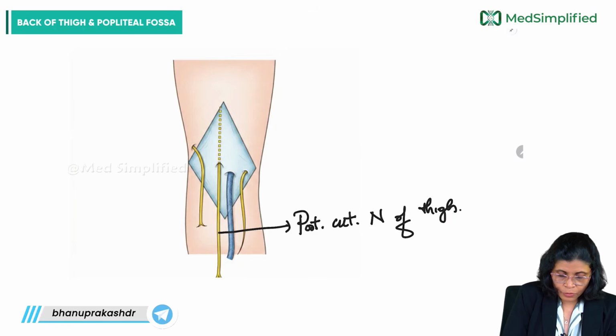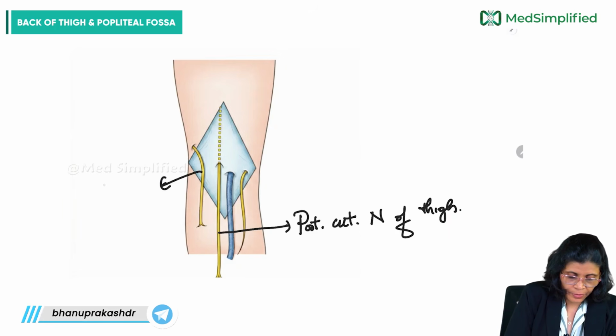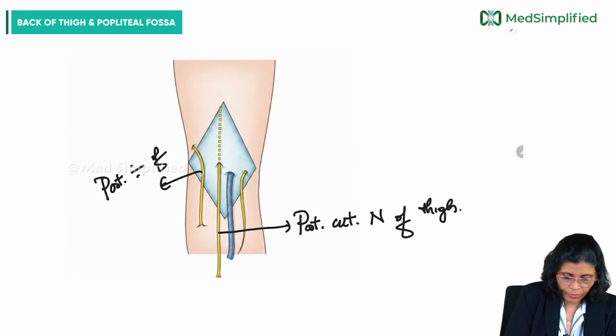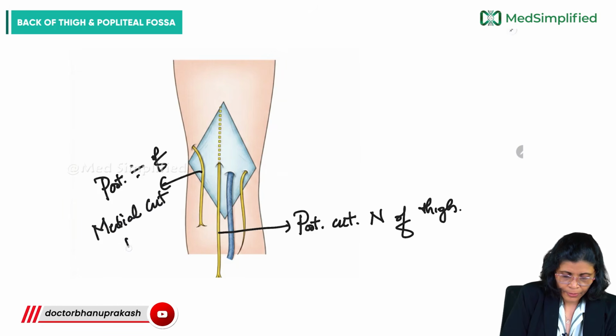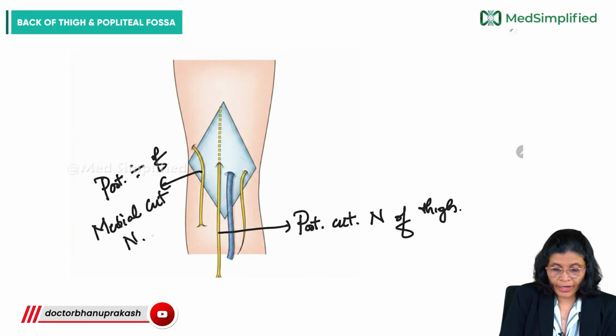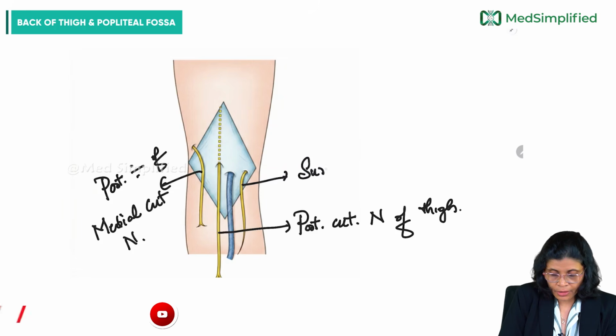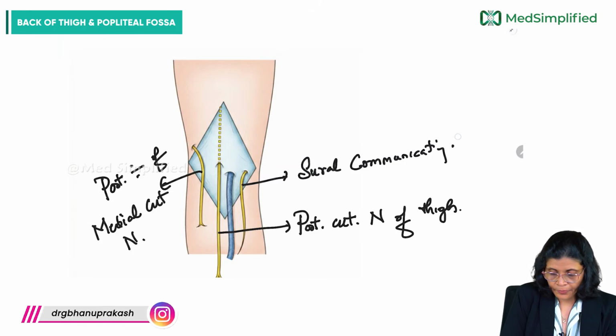Then we have the posterior division of the medial cutaneous nerve of thigh. And then we have the sural communicating nerve.